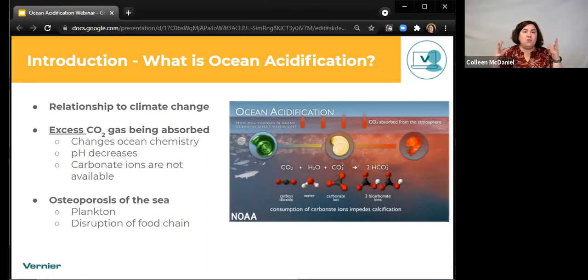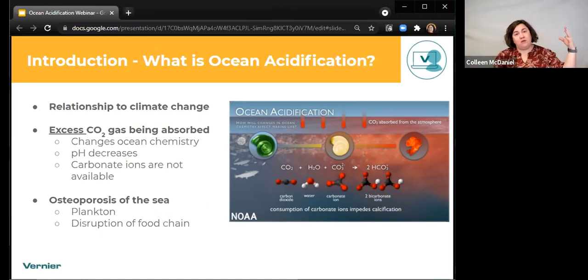And so the question is, why is this so important? Well, what it really comes down to is that by changing the pH and the chemical reaction taking place of forming carbonic acid, this reaction is also sucking up a lot of carbonate ions that are present in the ocean that different organisms need to survive.